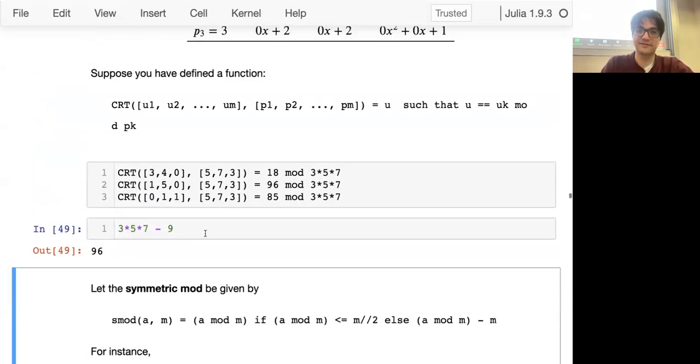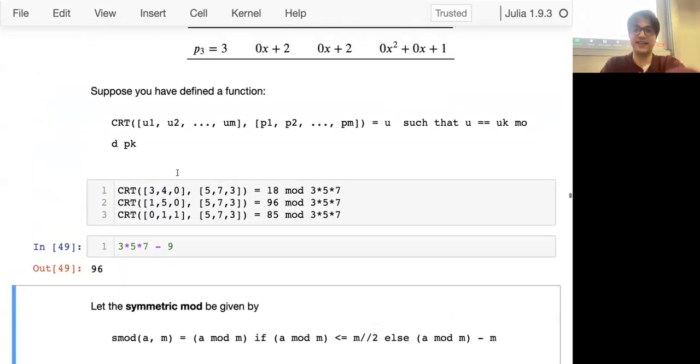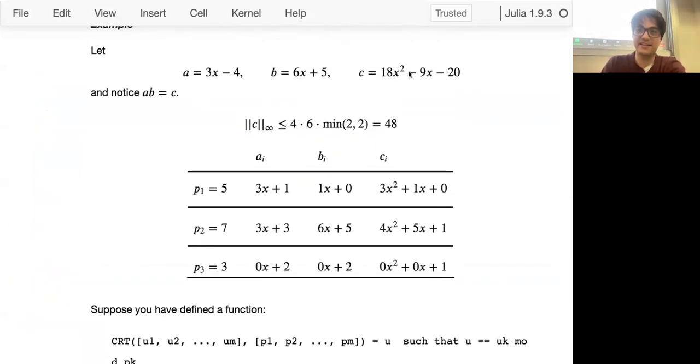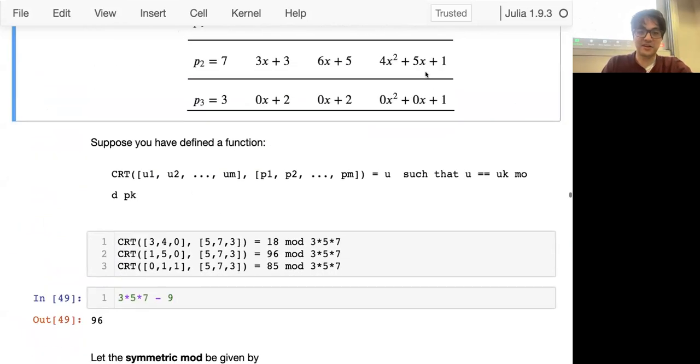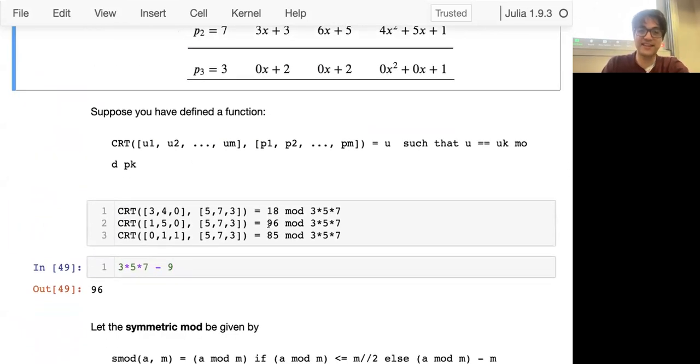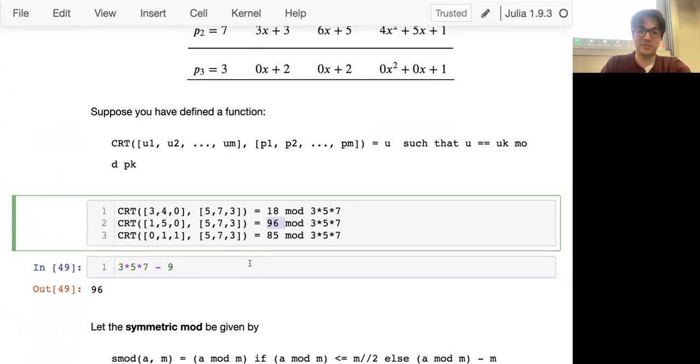Yeah, see, that was minus 9. Chinese remainder theorem told us it was 96, but if you take the image minus 9, you get 96. So these are the same thing on the clock. One just counts clockwise and the other goes anti-clockwise.